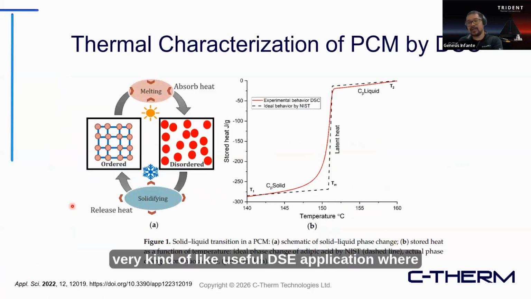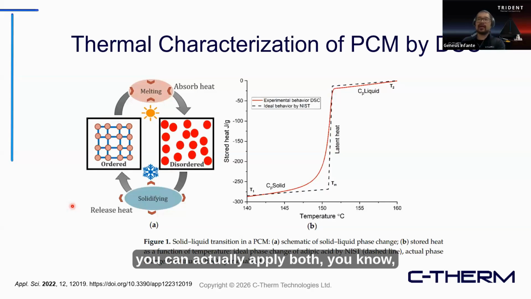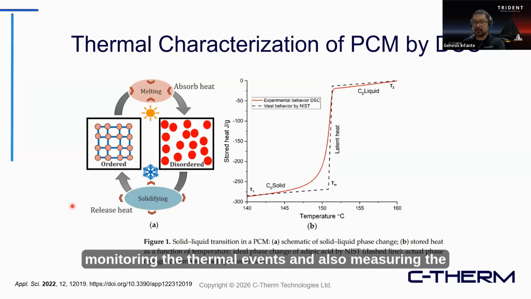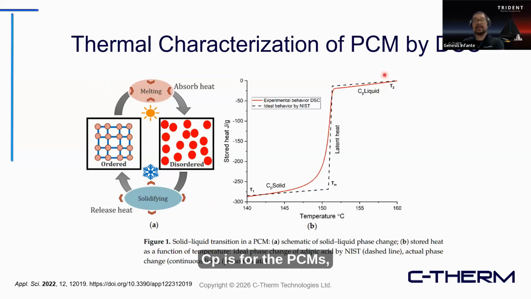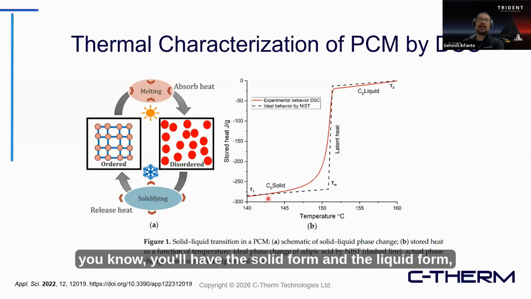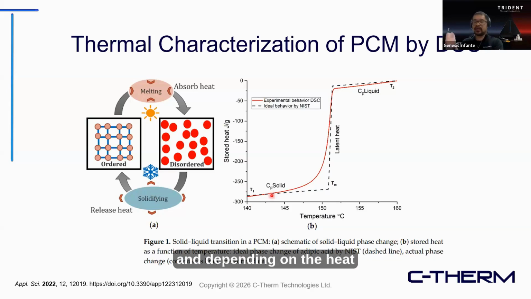Another very useful DSC application, where you can apply both the basics, monitoring the thermal event, and also measuring the CP, is for PCMs, or phase change materials. PCMs are typically used in energy storage, and you'll have the solid form and the liquid form, and depending on the heat being introduced to the system, you'll have a melt, or basically solidification of that liquid.